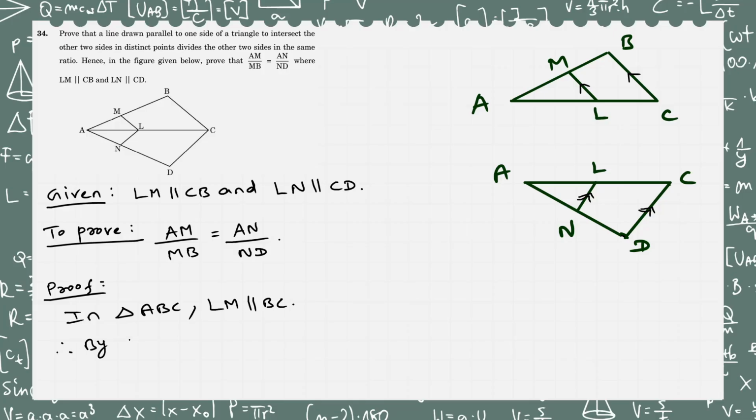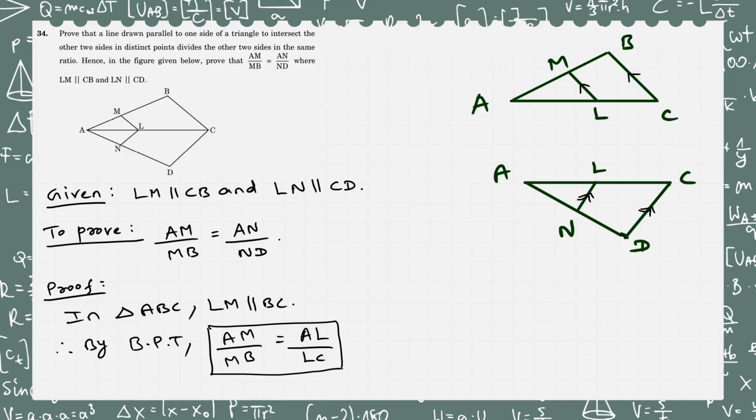Therefore, by basic proportionality theorem, we can write AM divided by MB equals AL divided by LC, right? We are going to use this later. So we are saving it as our equation 1.